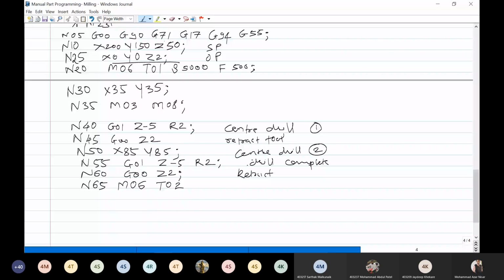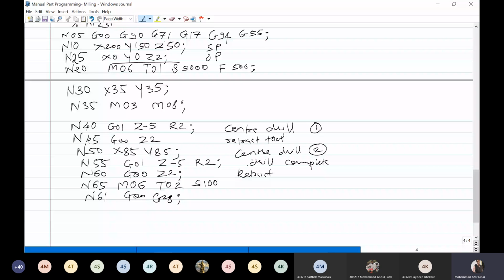So I will use N61 G00 and G28, so that it will move first to its homing position, and now it will change the tool with the speed they have given you, yes, 1000.